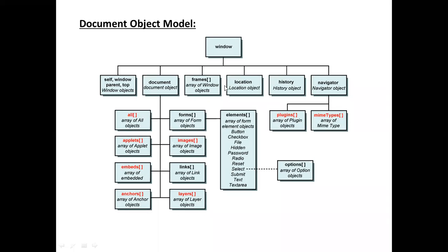So this is the document object model: window, document, forms, elements, options. Elements in the forms are, for example, radio, checkbox, file, select. If you take the select, there are again multiple options.